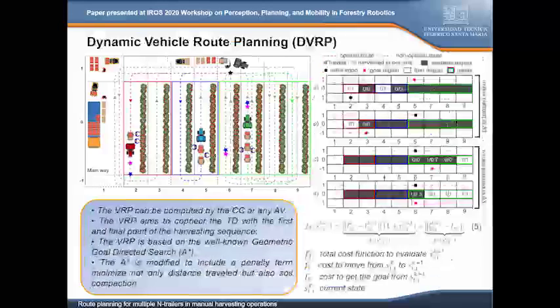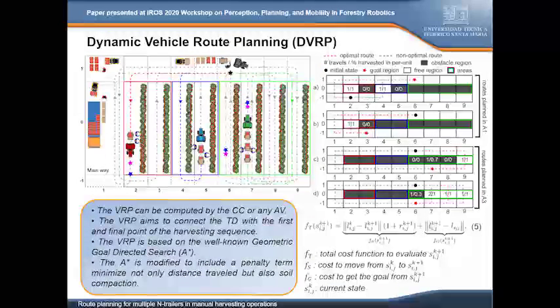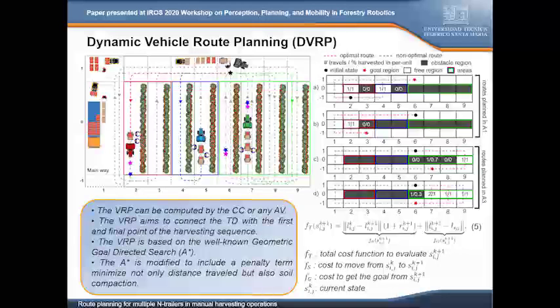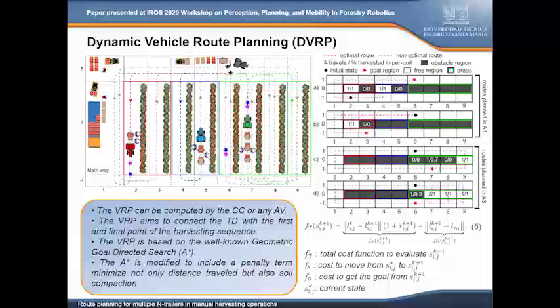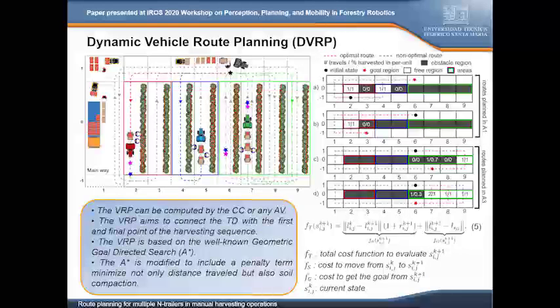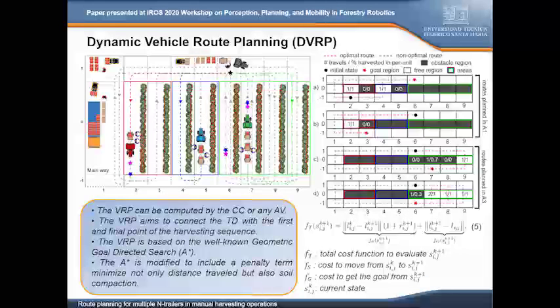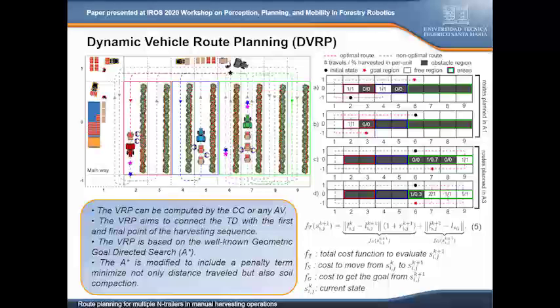Once the harvesting sequence is determined, a vehicle route planning algorithm is implemented to generate optimal routes that connect the temporary deposit location with the initial or final point of the current harvesting sequence. Route planning can be computed both by the central computer using global information and by the onboard computer of each tractor using local information.